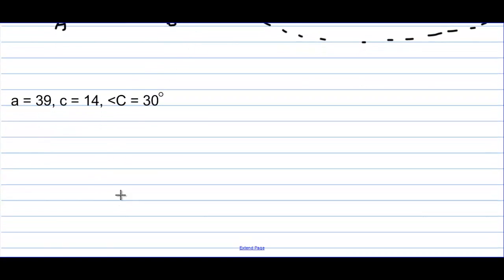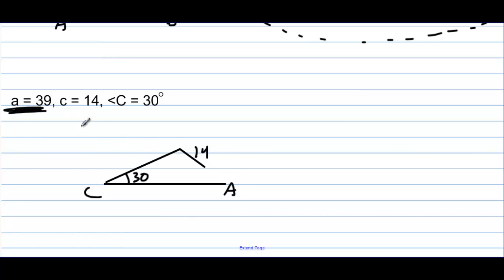In the last example on this page, we have a 30-degree angle. This is 30. It's angle C. This is 14. And if we call this angle A, because that's the remaining measurement is side A. This is 39. Well, let's find the height, and we'll compare that to 14.